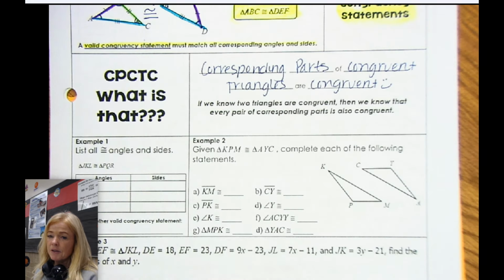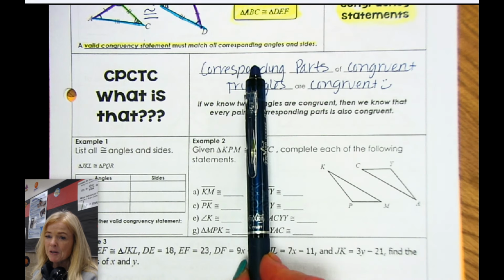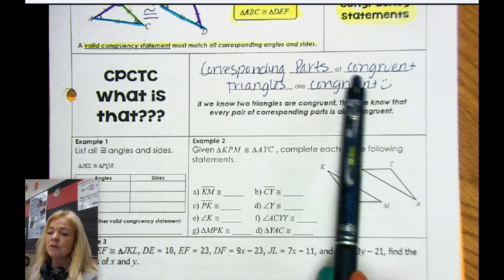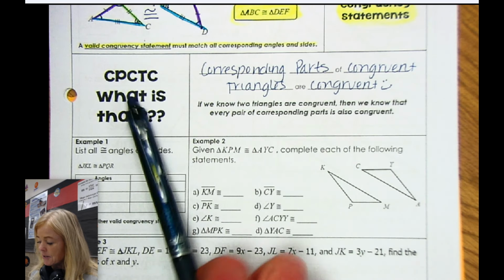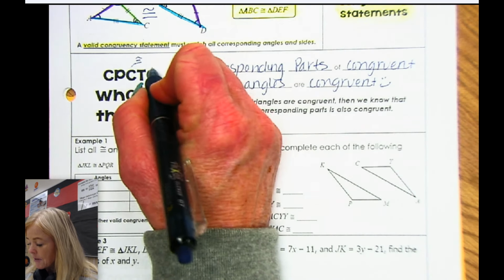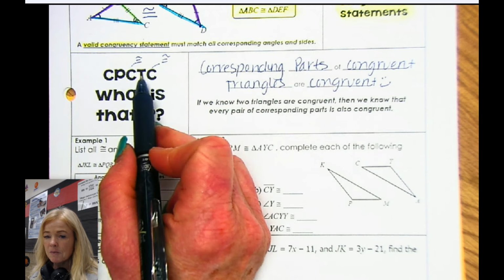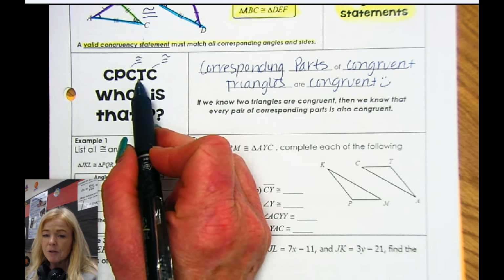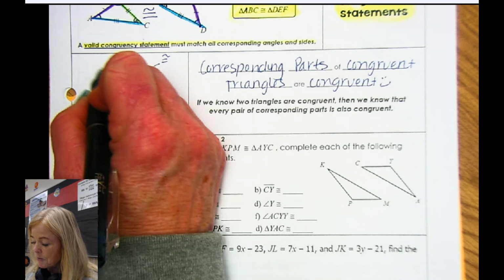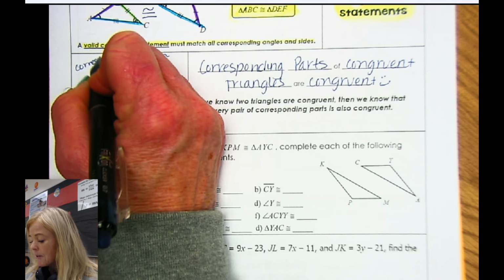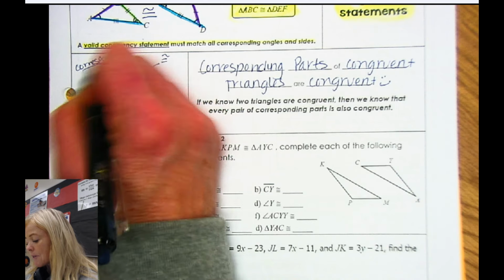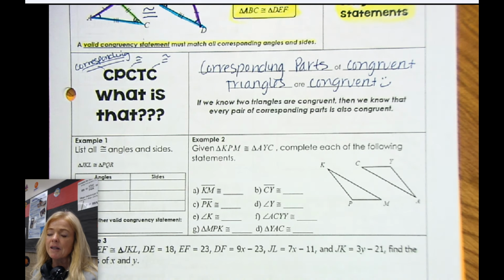All right, now notice that you have corresponding parts first, and then congruent triangles are congruent. The two second C's are congruent C's. It always starts with corresponding, and so sometimes people forget that. So I just wanted to point that out. Starts with corresponding, then corresponding parts of congruent triangles are congruent.